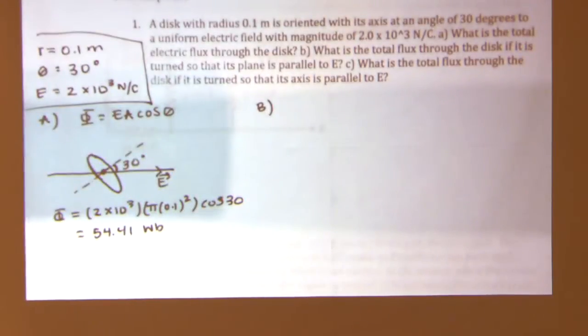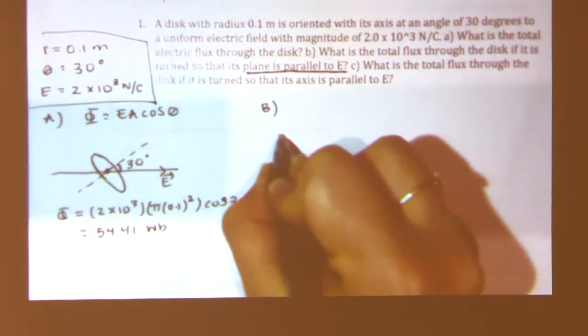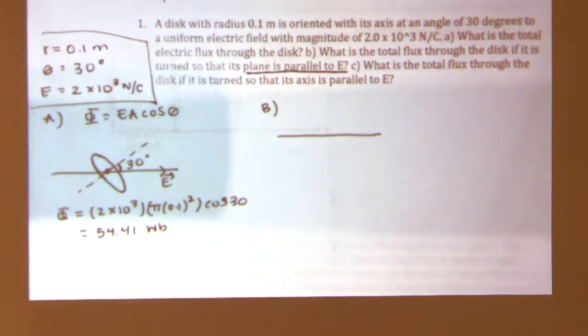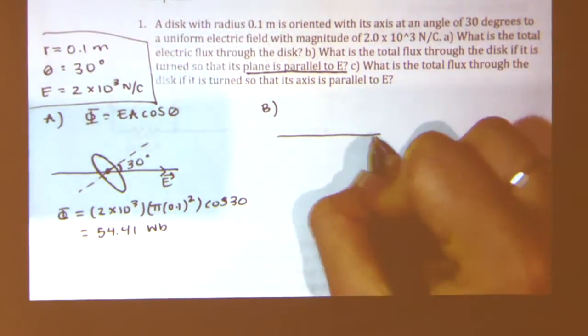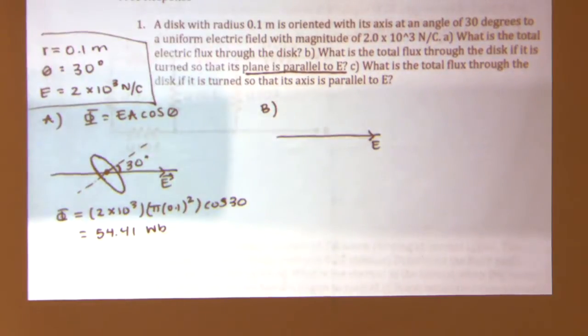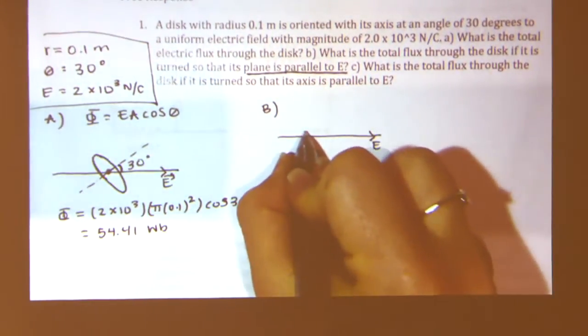So B, what is the total flux through the disk if it is turned so that its plane is parallel to E? So this time its plane is parallel. So let's go ahead and draw what that's going to look like. Now we still have this same electric field, but now we're going to turn this disk so that the flat side is parallel.